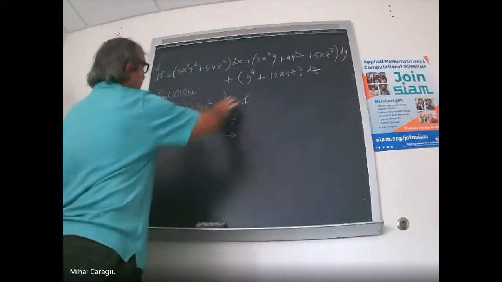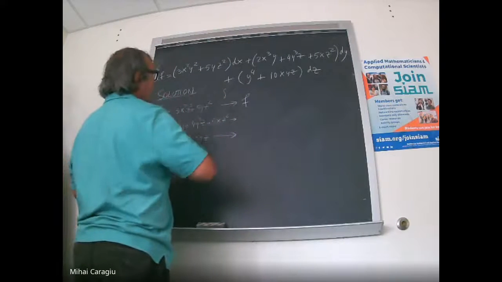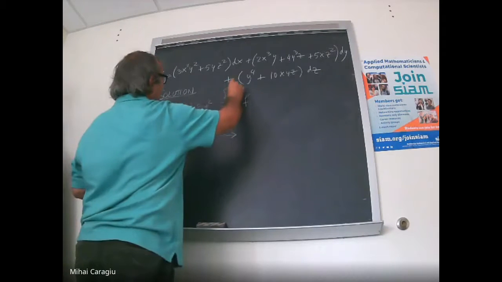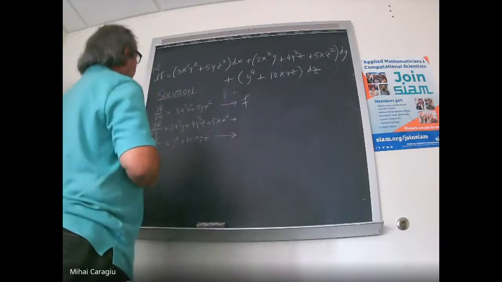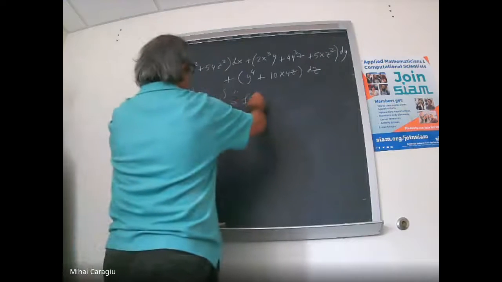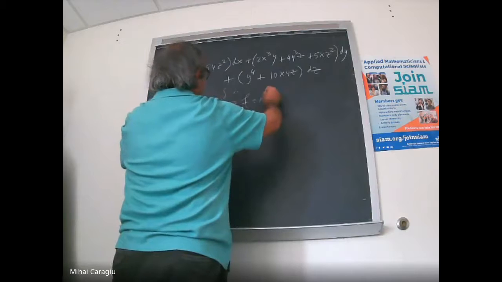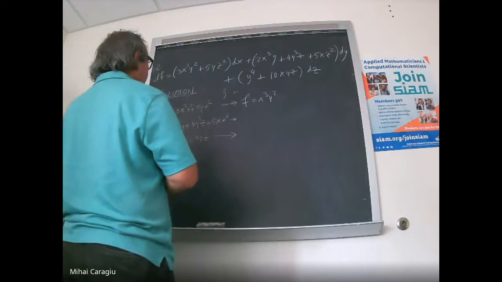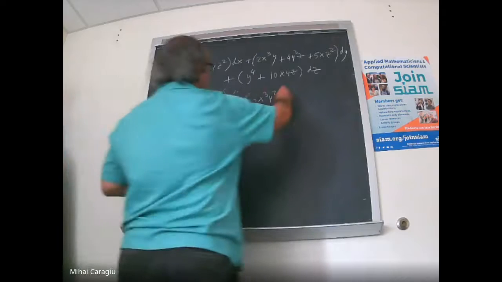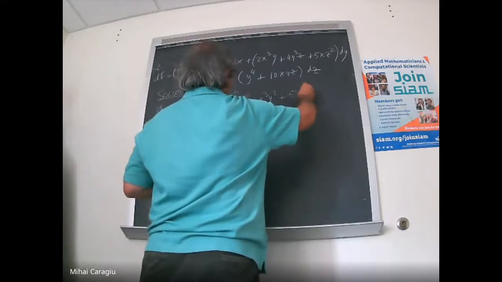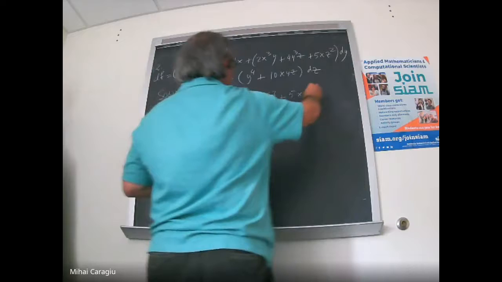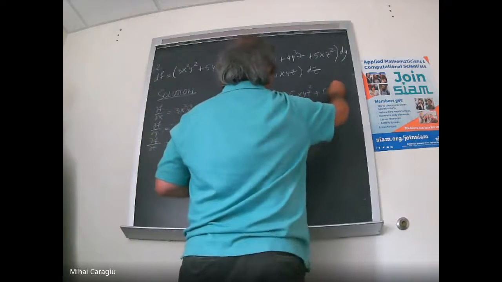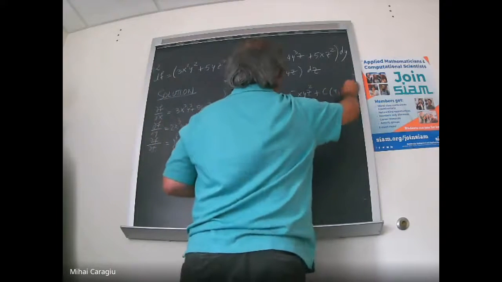So f will be x cubed y squared plus 5xyz squared plus a constant c of y and z.